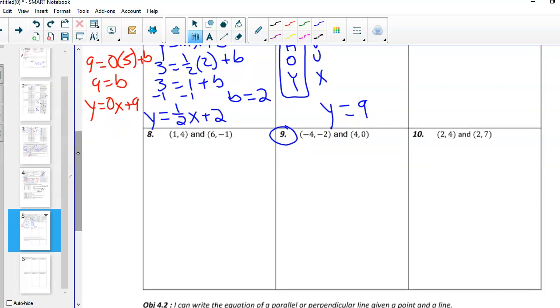For 9, they don't give you anything except for 2 points. That means you need to find your slope, find your y-intercept. So let's find our slope first. y2 minus y1, 0 minus negative 2, plus 2 is really what you're doing, over 4 minus negative 4.